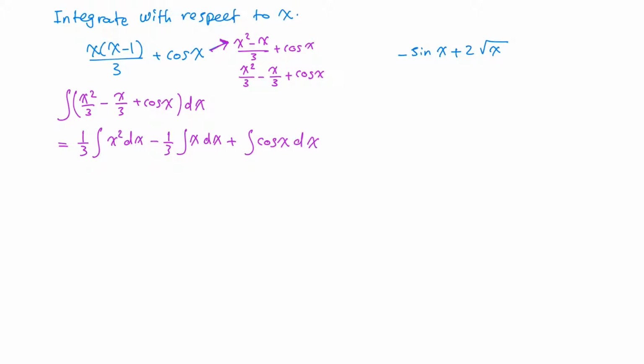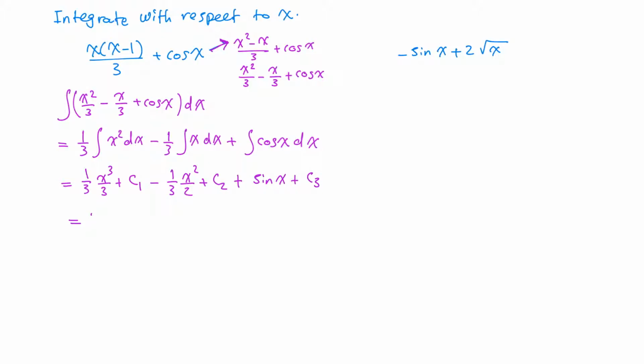So now integrating this gives me 1 over 3 x cubed over 3 plus first constant minus 1 over 3 x squared over 2 plus my second constant, and finally plus sine of x plus my third constant.